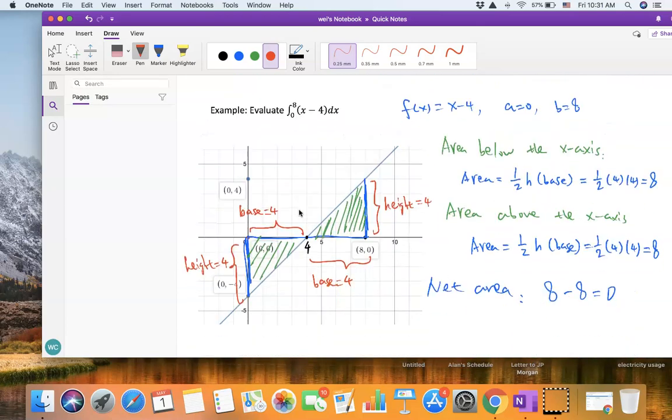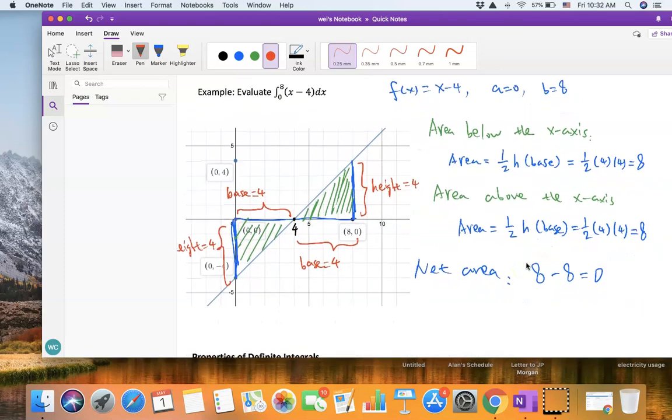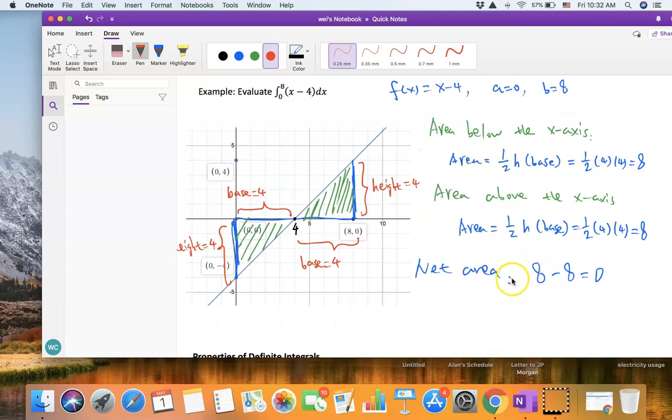And when we do that, make sure that if there are some areas below the x-axis, then we have to consider using the method for finding the net area.